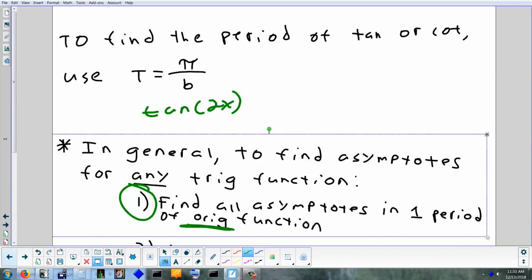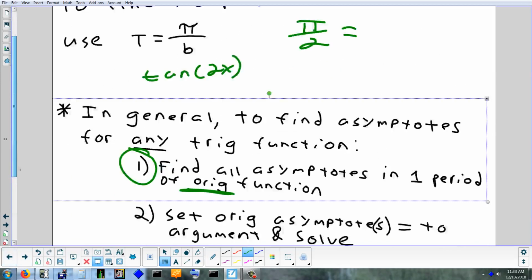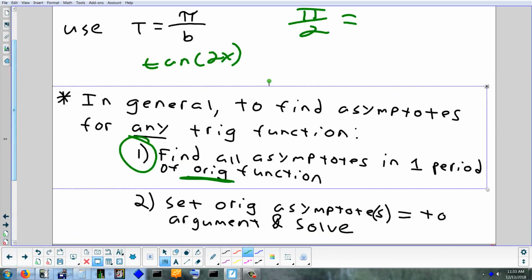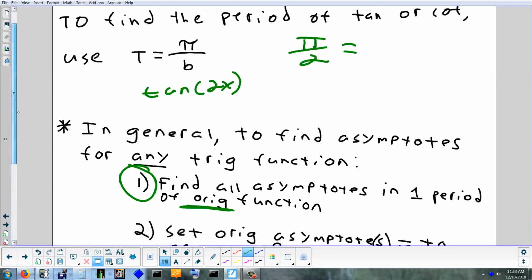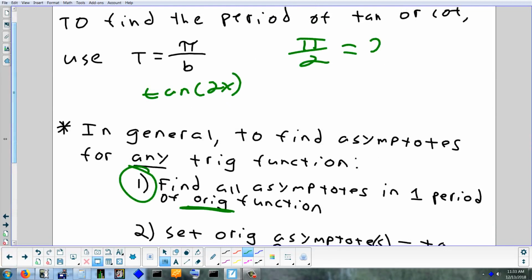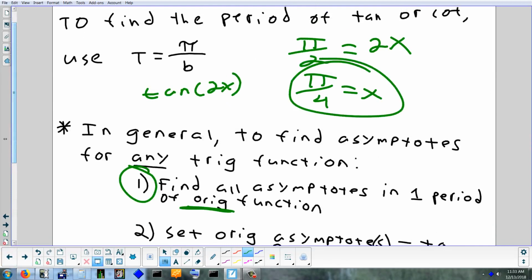So I write down pi over 2. And once I have that, I set that equal to the argument. What's the argument in this case? 2x. And now I solve for x by dividing each side by 2. There's your new asymptote.